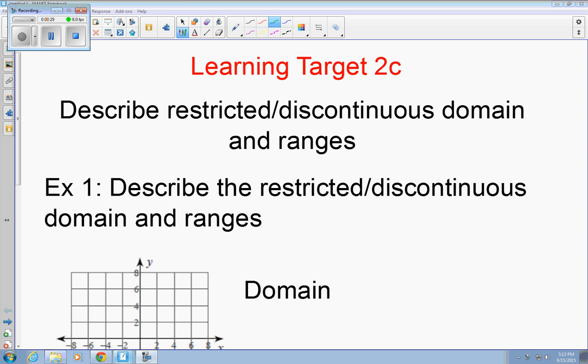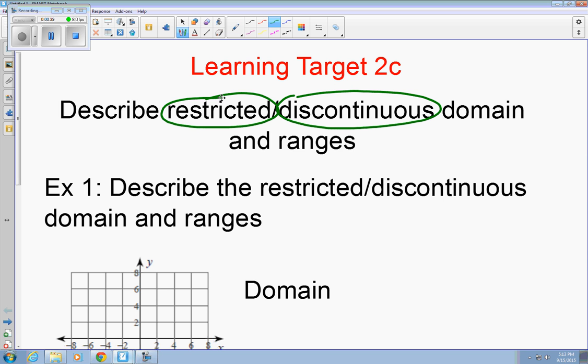Restricted means the graph cannot cross certain spots, and discontinuous means the graph will stop. So the graph could have a stopping point, and another point where it starts back up. Restricted ones are kind of like asymptotes. So that's what 2C will be.